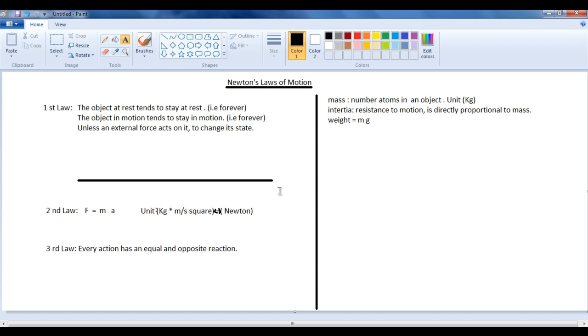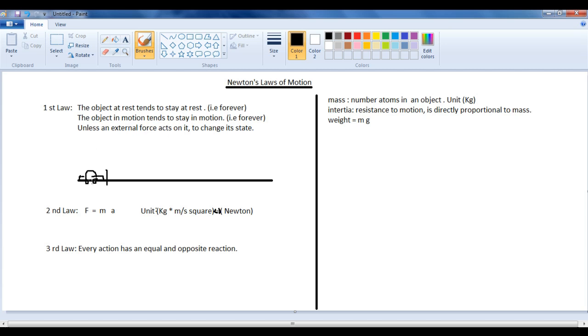The first law says that an object at rest tends to stay at rest, forever. Let us take a car that you parked at a parking lot. The car is now at rest, right? It is not moving. It will always be at rest unless an external force acts on it.